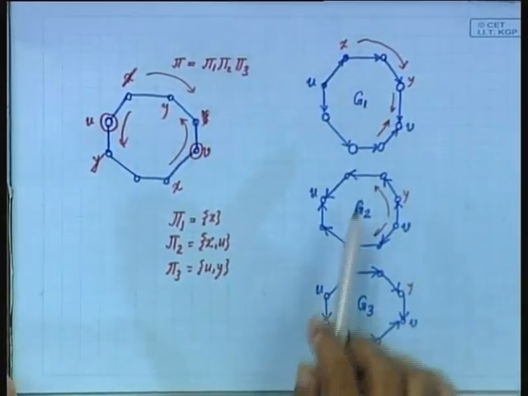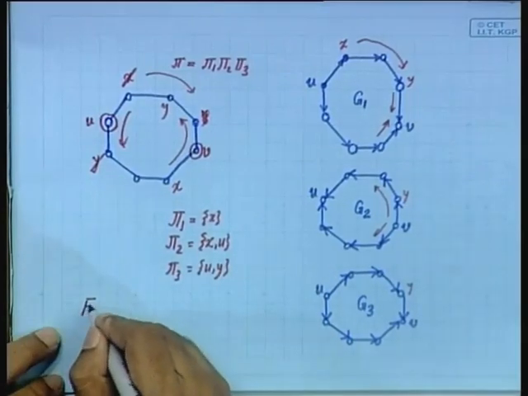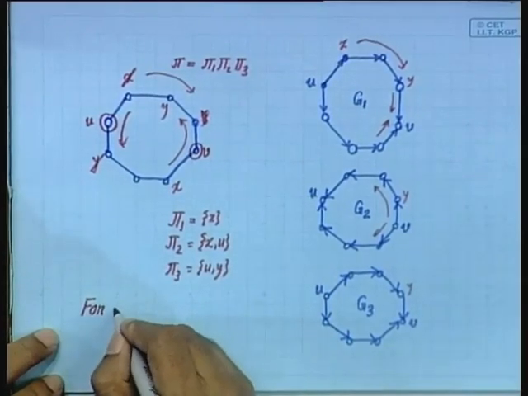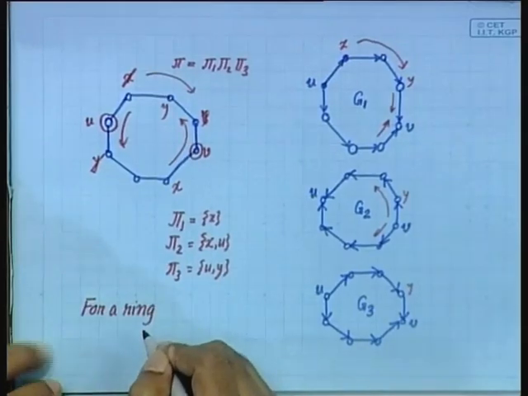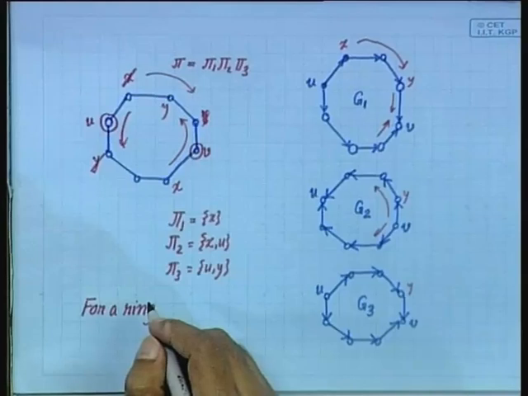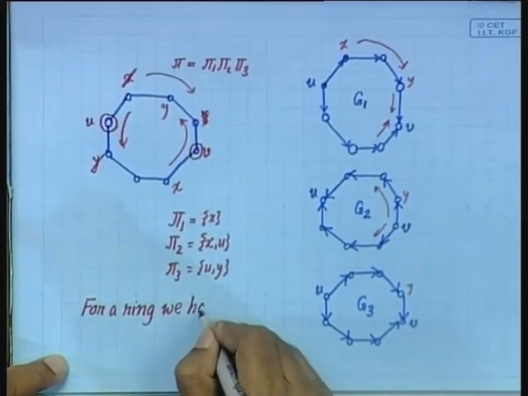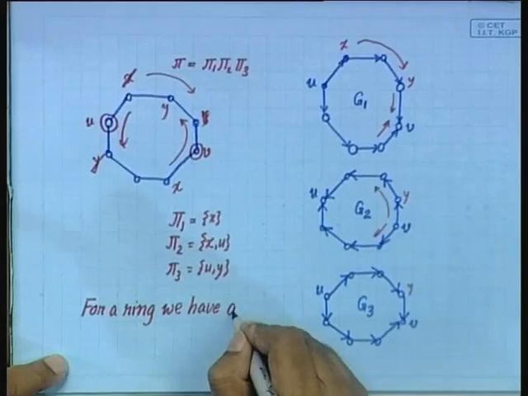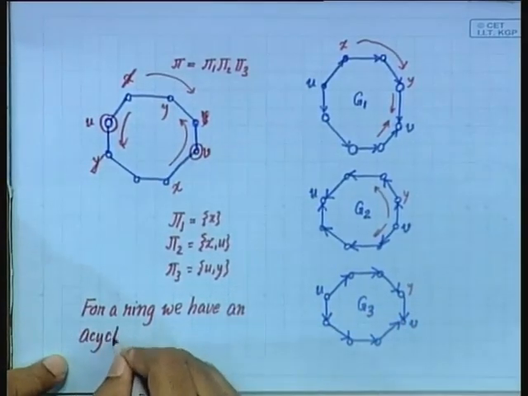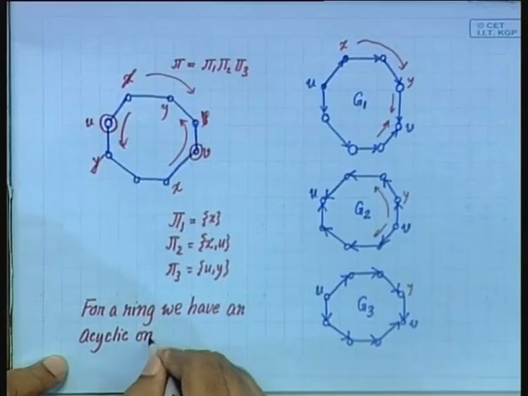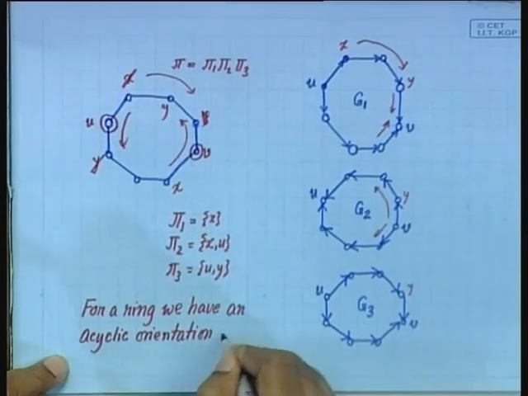So, what does this show? It shows that for a ring, we have an acyclic orientation cover.